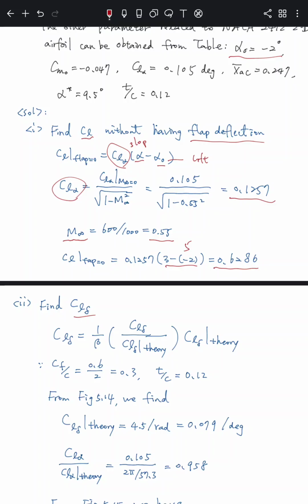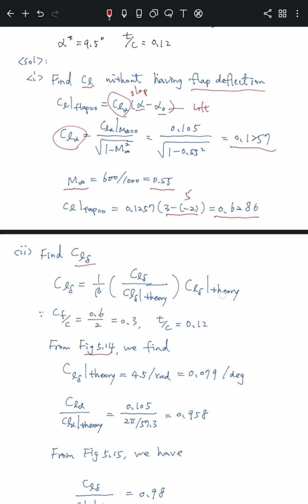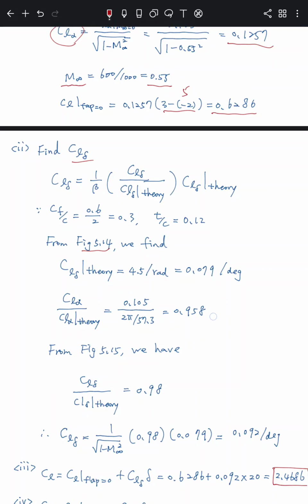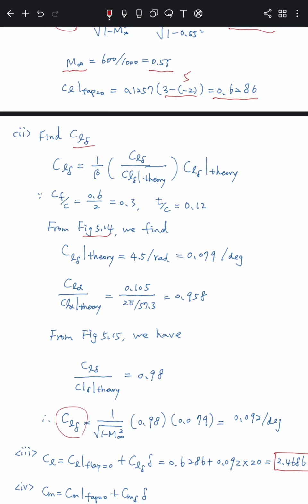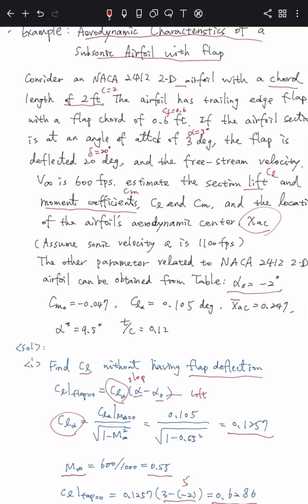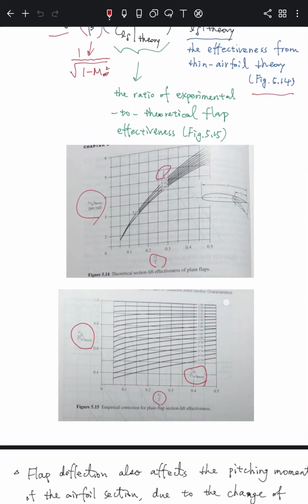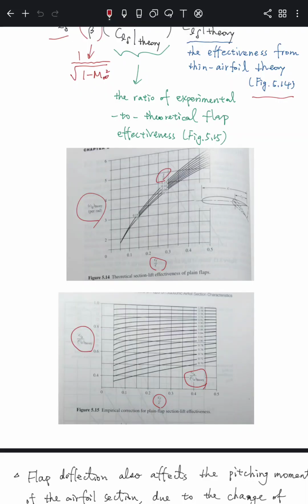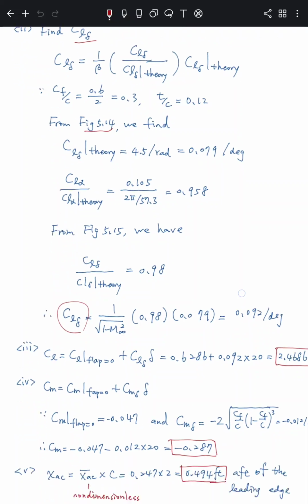The second step is to find CL delta. The reason is that we need to check the figure to find this term. We need CL alpha over CL alpha theory and CL delta over CL delta theory. So first we find CL alpha over CL alpha theory.